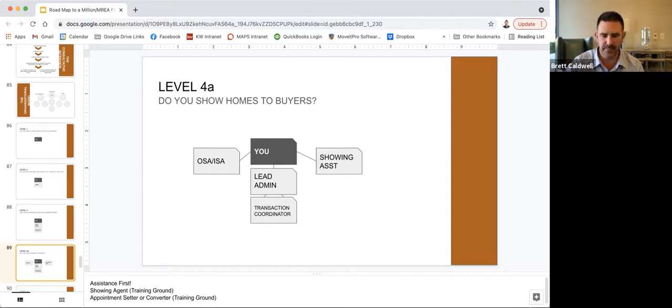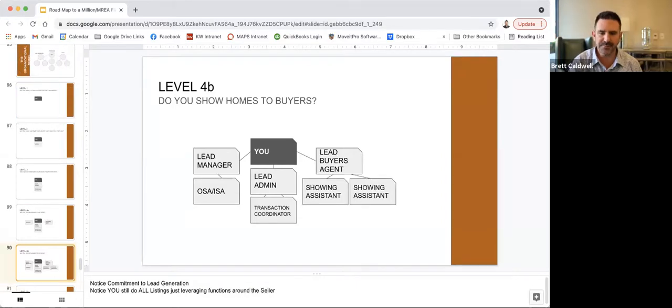And then really, I think of the showing assistant or an ISA role or an OSA role as a training ground for somebody that could really grow big with you in the industry and in the sales function of your business. And instead of jumping off the cliff, you're putting your toe in the water around getting some help around the sales functions of your business, so that when you get to level 4B, you jump off the cliff.